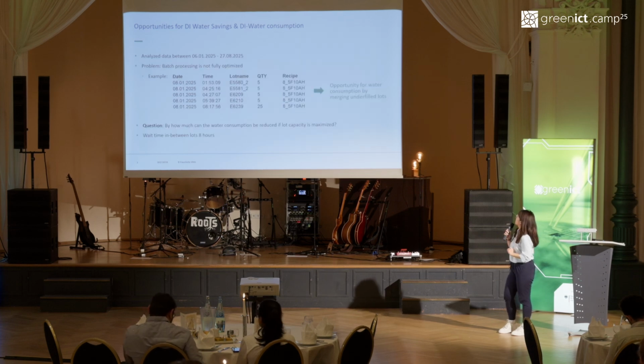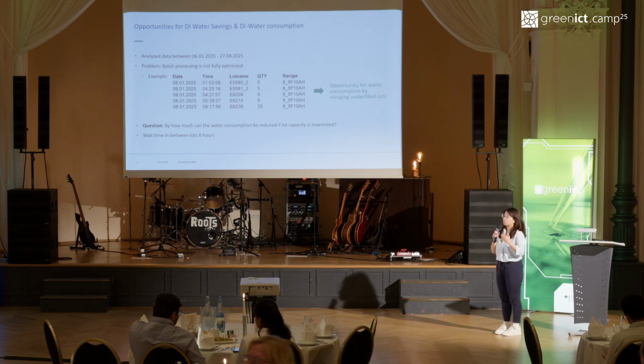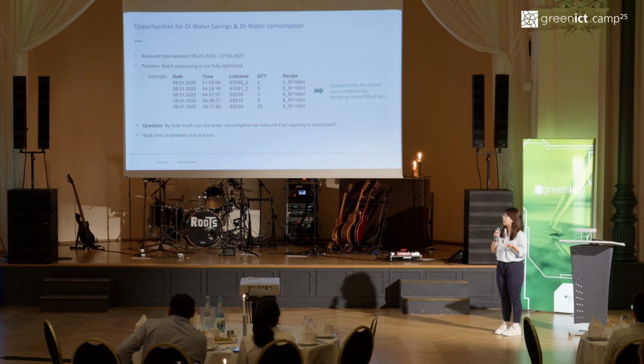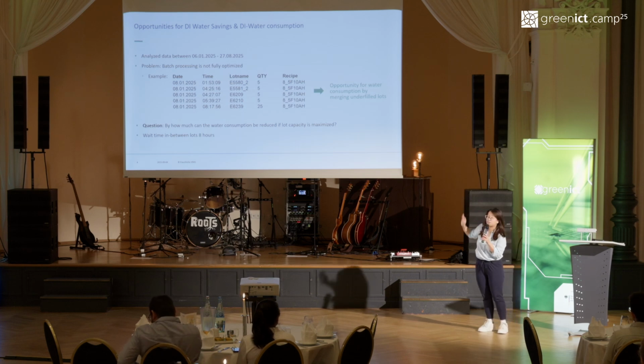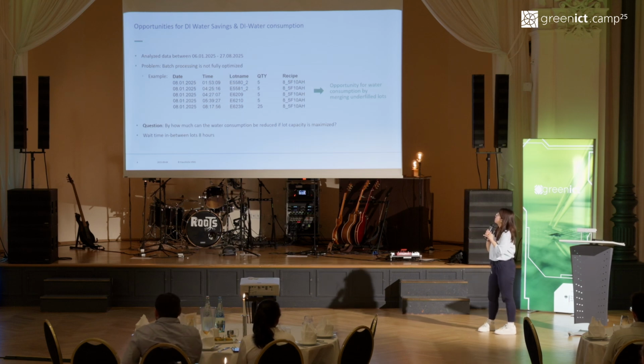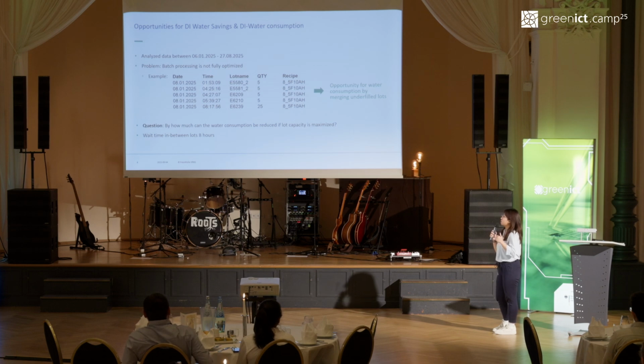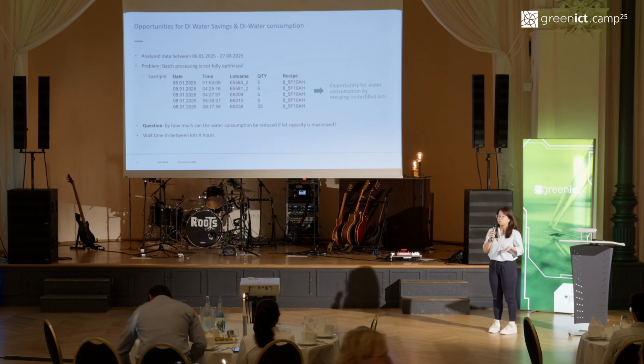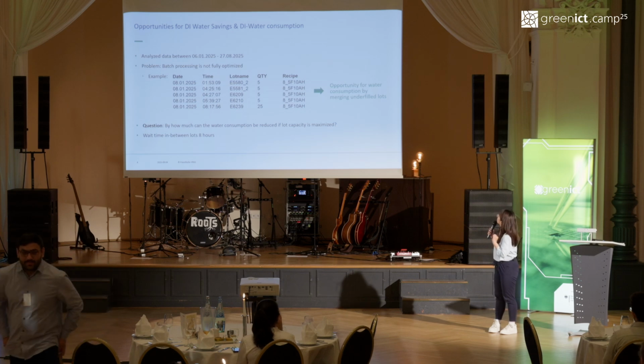Yes, so next slide. Okay, so what exactly did we do? We analyzed data which looked like in the table which is shown here, for the ongoing year. So data for processed wafers up until last week, I think.